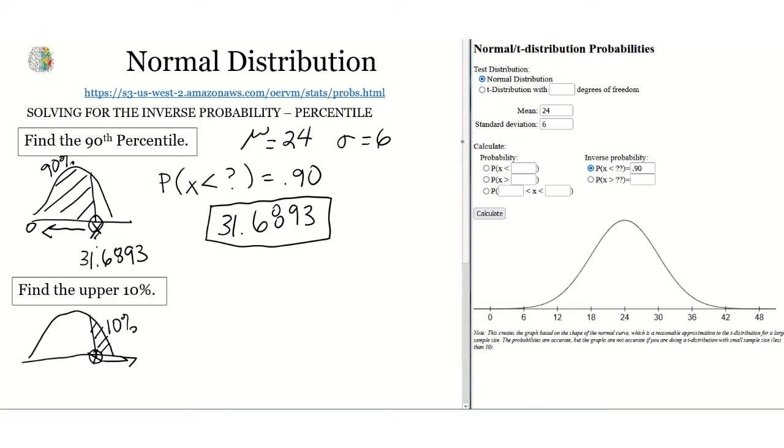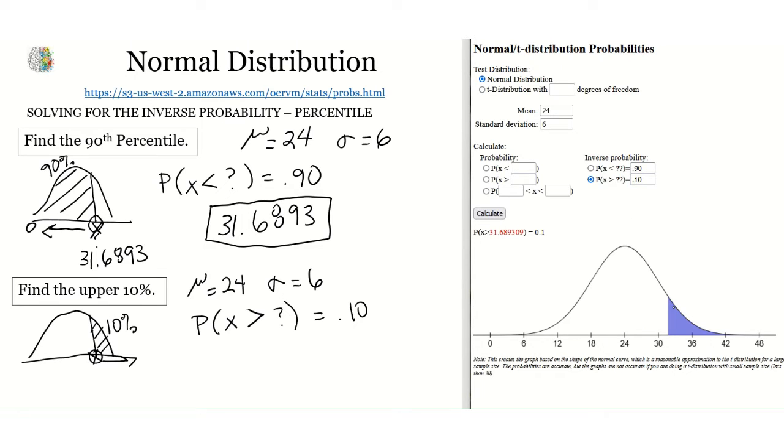So let's use the same values, a mean of 24, standard deviation of 6. This time we're looking for values that are greater. So we're going to look at the probability that the X values are going to be greater than some number, and that is going to give me 10%. So we're going to use the second probability and type in 0.10, hit calculate.